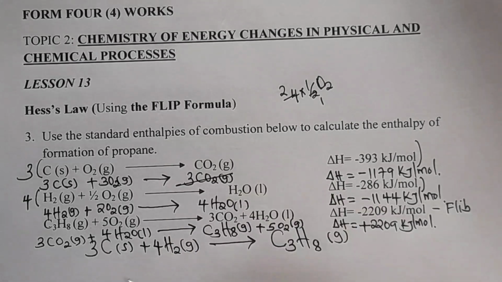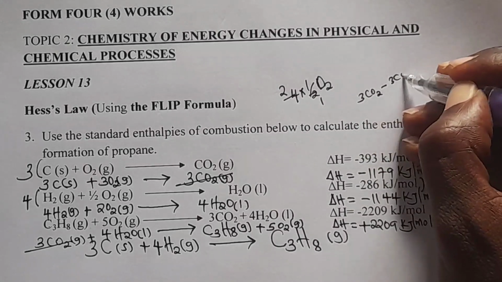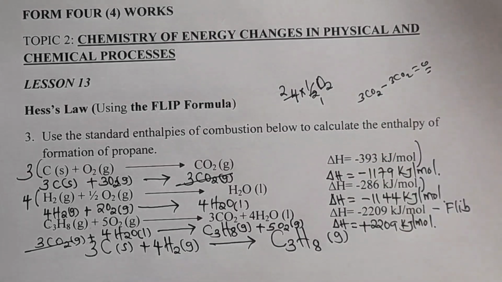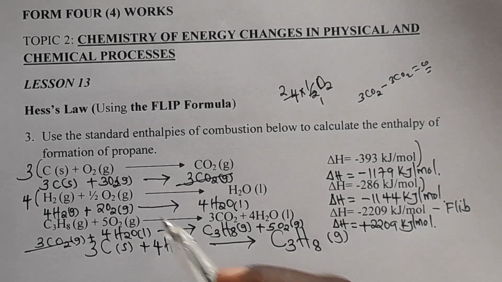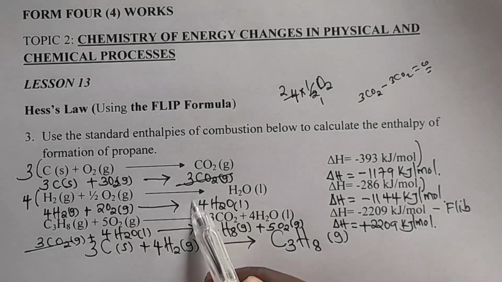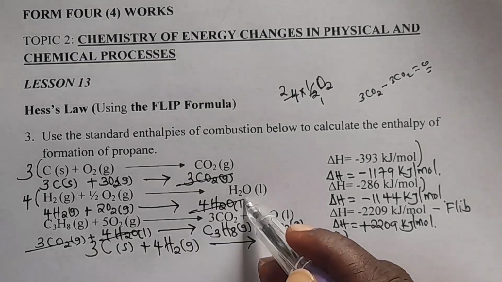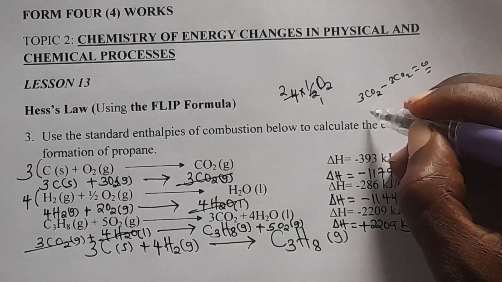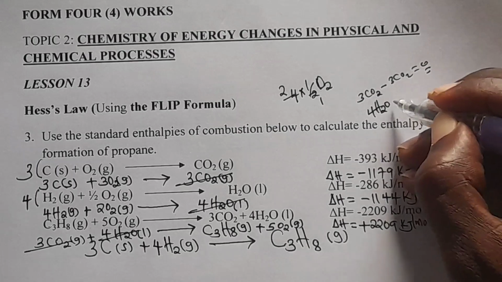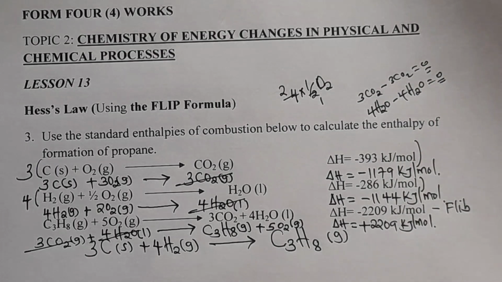So 3 carbon dioxide minus 3 carbon dioxide gives you 0 carbon dioxide. Next, on the reactant side we have 4 moles of water, and on the product side we also have 4 moles of water. So 4 moles of water minus 4 moles of water gives you 0 moles of water. There's no water there.